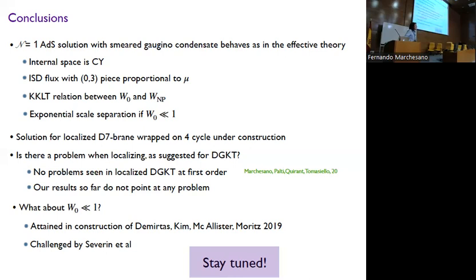I don't know. To me, that's a confusion. No, they are localized as much as the D7 brane is localized in that sense. One can have the equation with this delta function, and far away from the source, I think the solution will look very much like the one we have. I'm not sure if that answers your question. We can talk about it over a coffee, maybe it's better. Okay. Thank you.